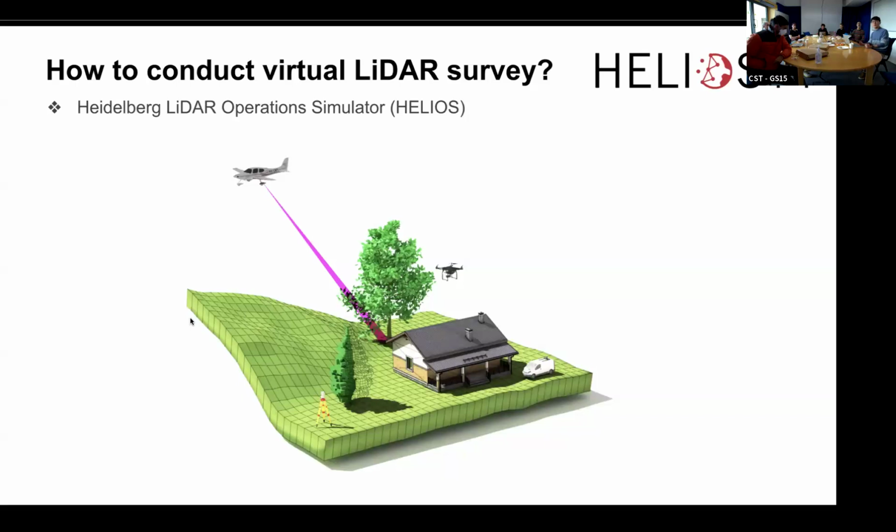And how it works, typically, the simulator is a ray tracing method. You first have this 3D scene and you voxelize the 3D scene into voxels. And you do the ray tracing by shooting a ray, which can be seen as a laser pulse. And this ray will intersect with a voxel.